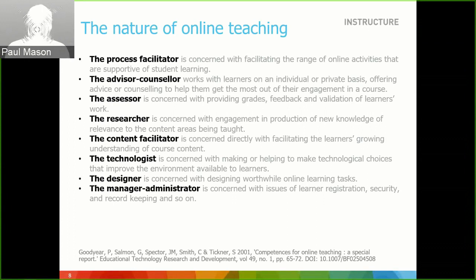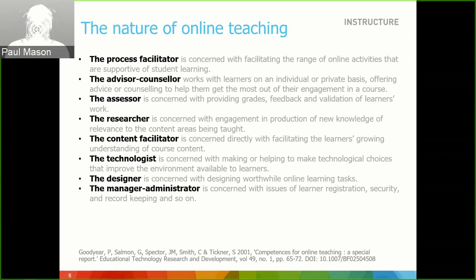Now the other thing is that these different roles may change throughout the course. So you might say, okay, the bottom 4 bullet points, you might say, well, they might be required very early on in the course. So before the course starts, you might require these different skill sets.